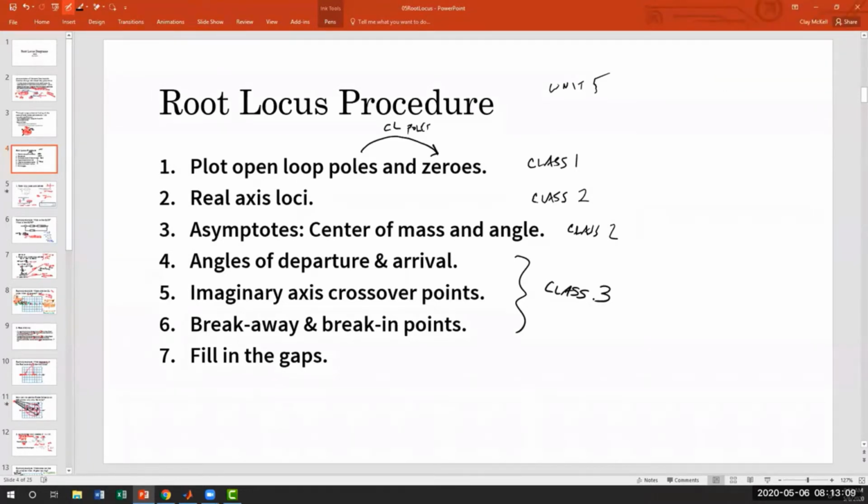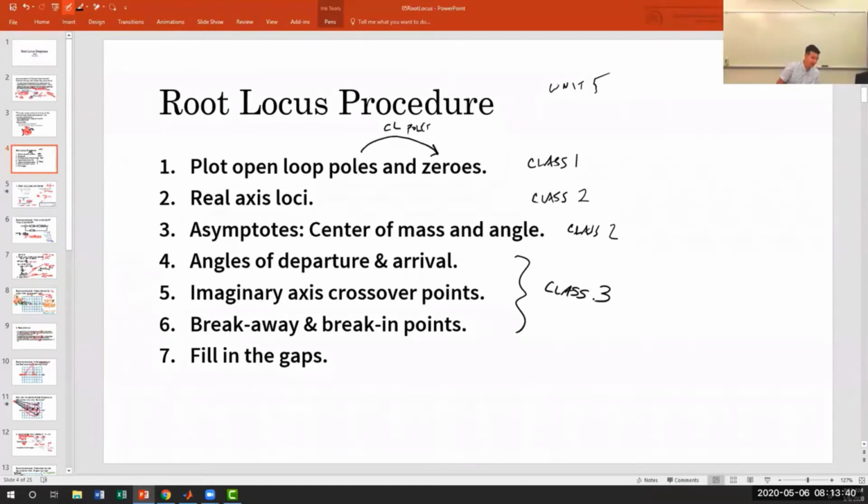Really quick, just to clarify, correct me if I'm wrong, but the asymptotes are for when k is very large, giving us an indication of where the trajectory of closed loop poles will be located. And then the angles of departure in our example are just where that starts, how it goes from what we found, 18 degrees, and then eventually makes its way to be an asymptote of 60 degrees.